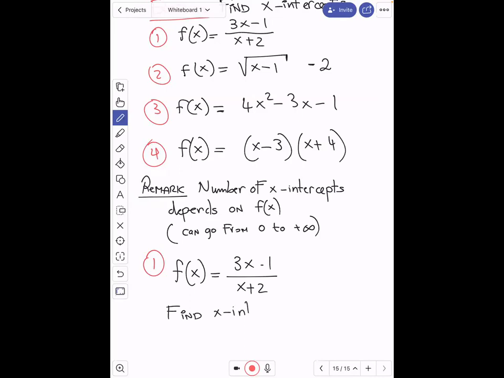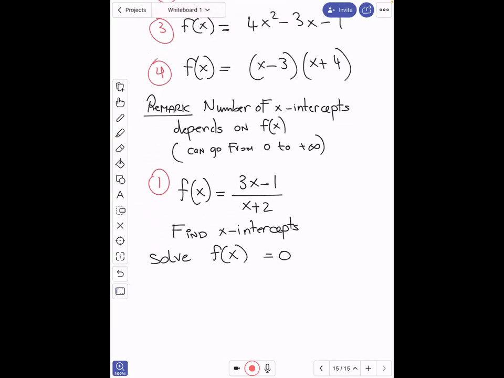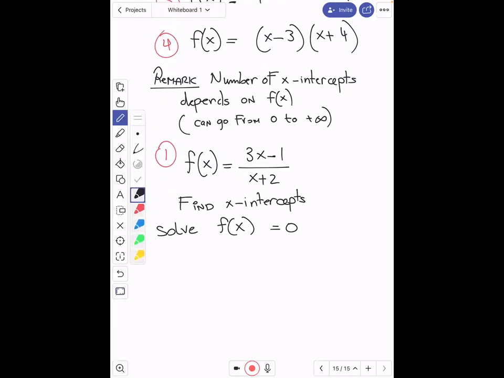So we have to solve f of x equal to 0. That will be 3x minus 1 over x plus 2 equal to 0.